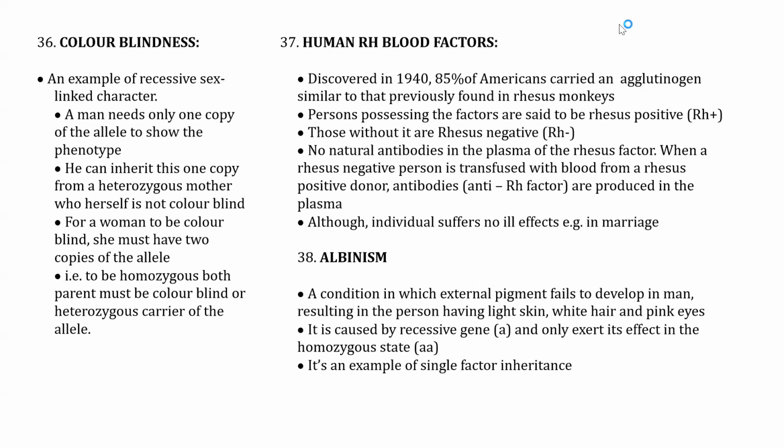And also, if it is not detected on time, like I said, if the husband and the wife later got married, they used to say the firstborn might escape it. Are you getting me? But the secondborn might not escape it, because as the child is growing, the antibodies will also be growing against the child.